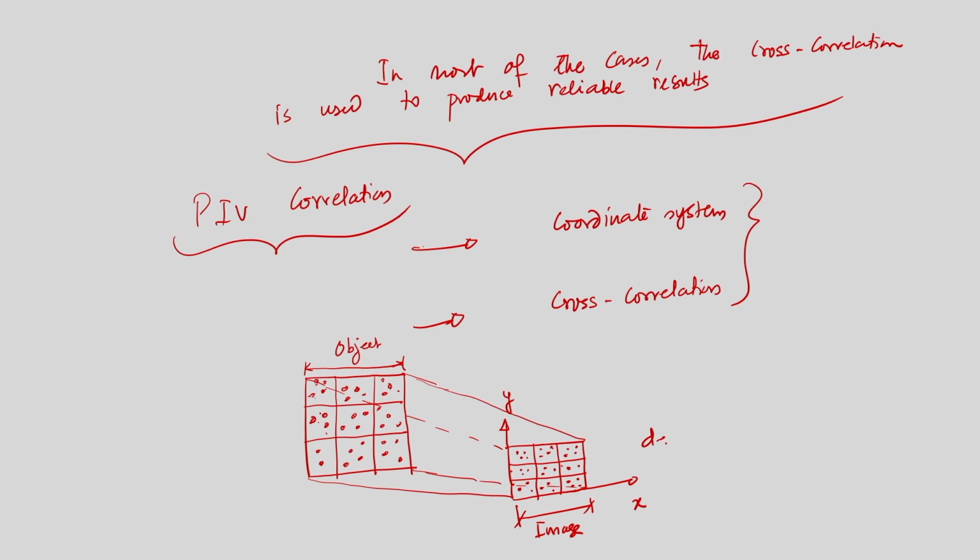So, this is the detector area, this is the measurement area. So, this is the measurement area, the object, we are focusing light on that, and we are capturing using a camera, that is the detector area. Now, we know that S is the object by image.